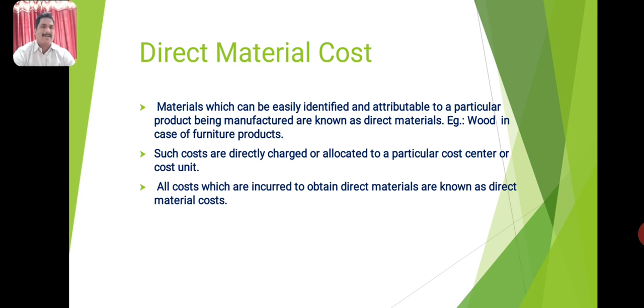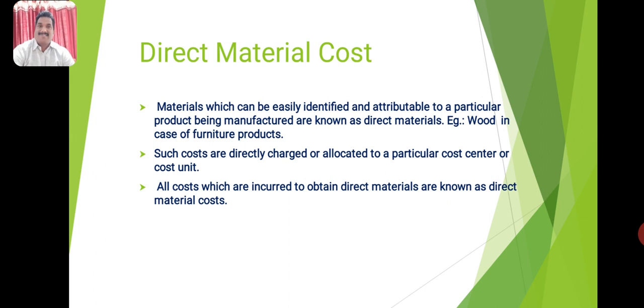And in the case of a ready-made garment, cloth is a material and the cloth is the direct material, because we can directly charge or identify that particular cost of cloth to a particular ready-made garment. So that is one of the most important concepts of a material, that is, a direct material. That direct material can be directly charged or allocated to a particular product, that is, a cost center or cost unit.